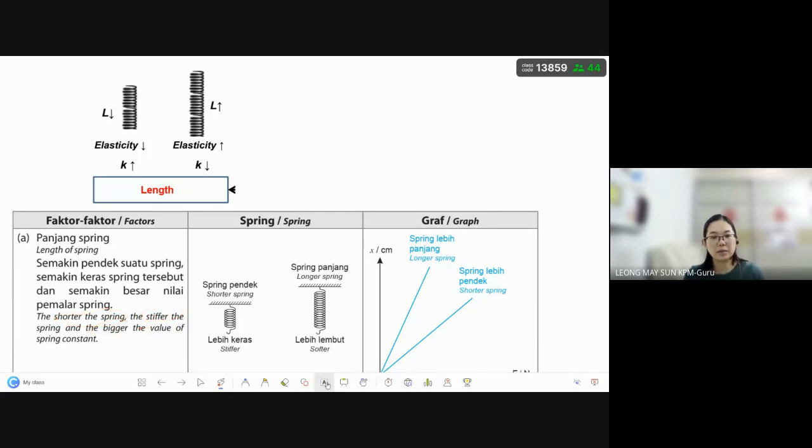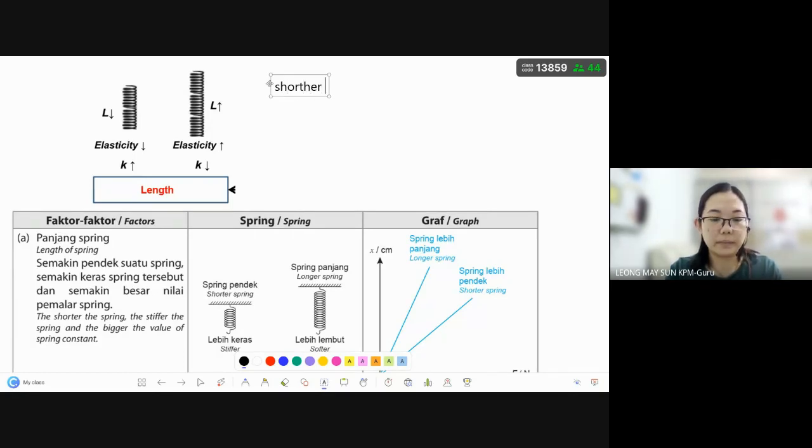So if I were to write a summary, the shorter length of spring means that it has a higher spring constant.